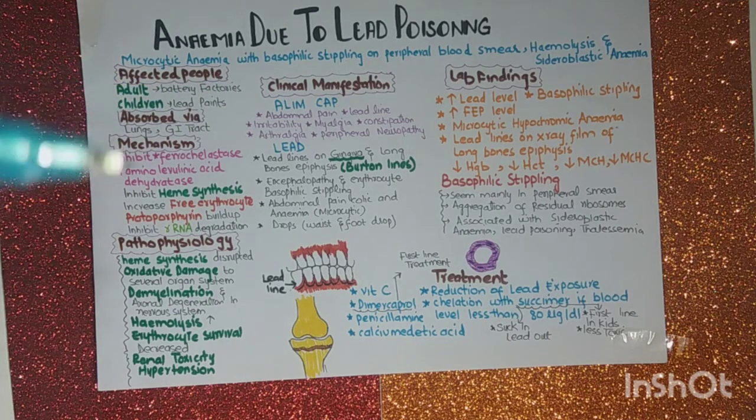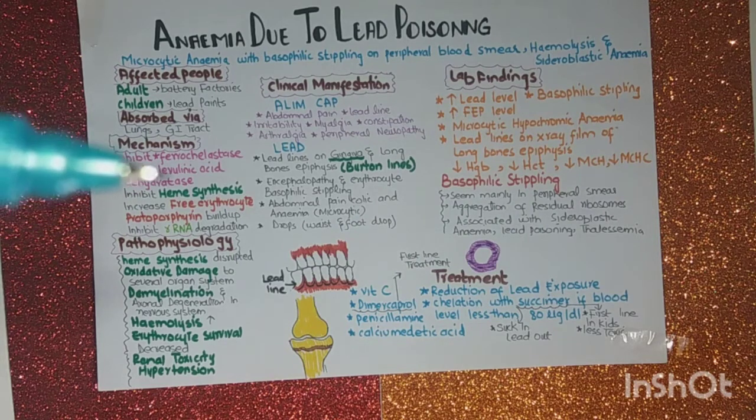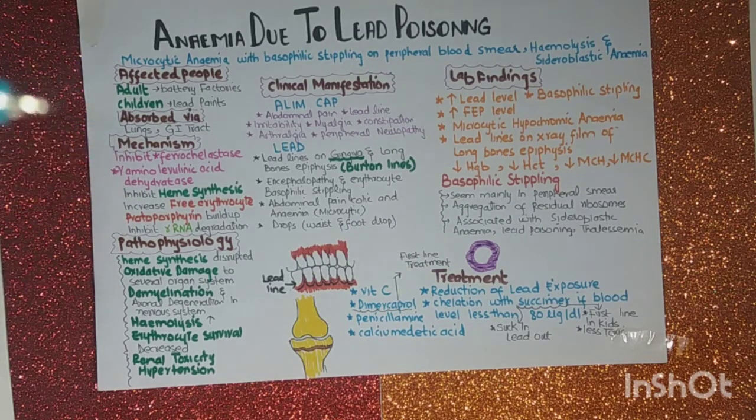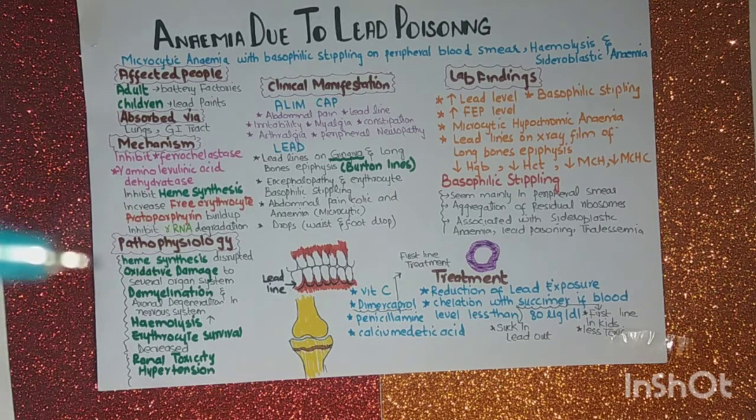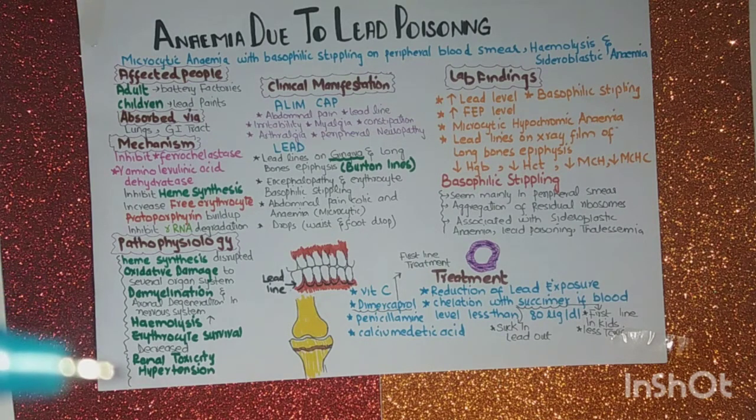The mechanism is that it inhibits ferrochelatase and gamma-aminolevulinic acid dehydratase, so it inhibits heme synthesis and the free erythrocyte porphyrin, FEP, will be increased. Pathophysiology: it affects heme synthesis, causes oxidative damage to several organ systems, demyelination, hemolysis, decreased erythrocyte survival, renal toxicity and hypertension.